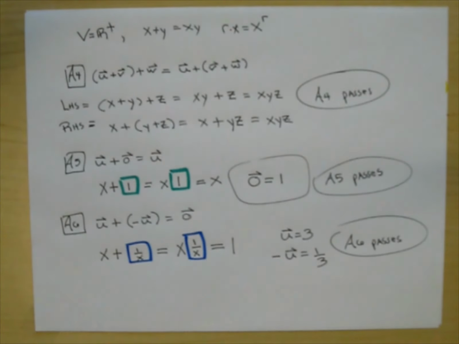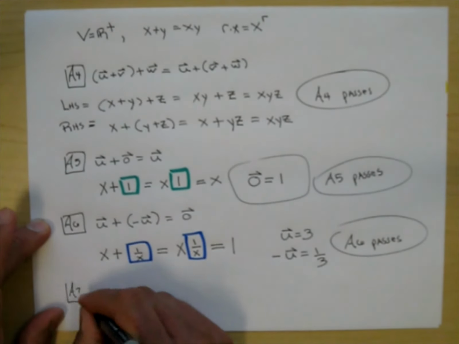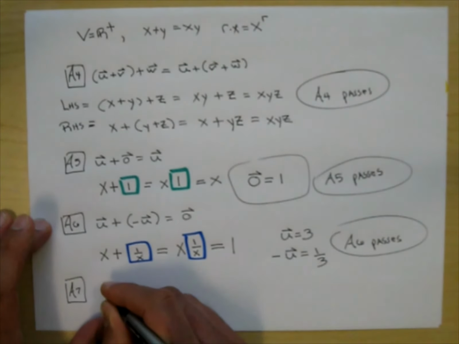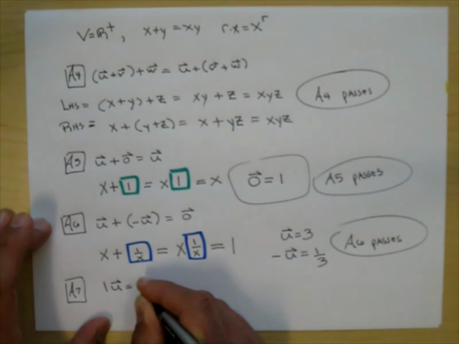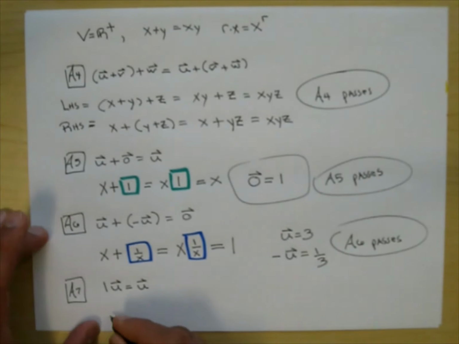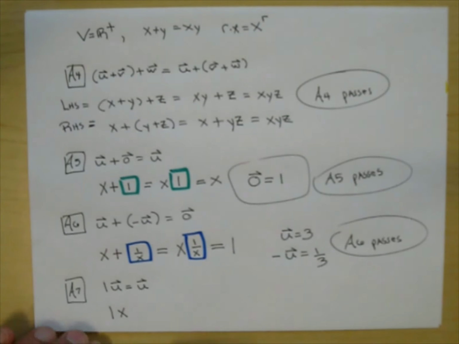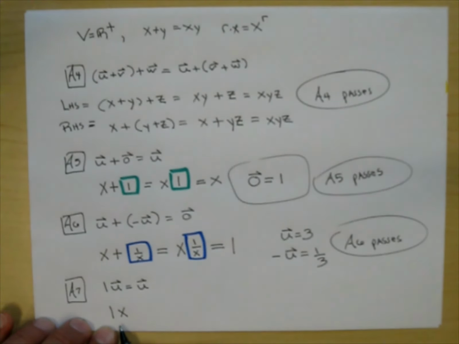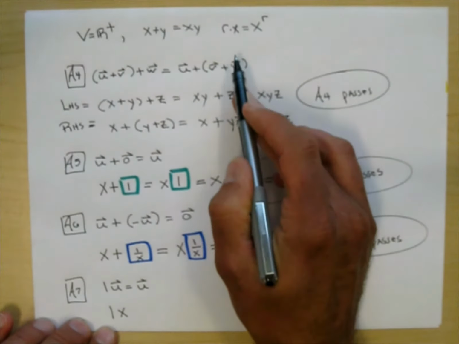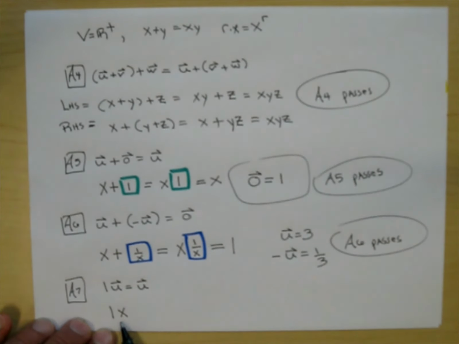We'll move on. A7. I think we can fit A7 right here. A7 says 1 times u is u. Okay, so 1 times x. Let's think about what x is. X is a positive real number, and this right here is multiplication, so this is the scalar times a vector.